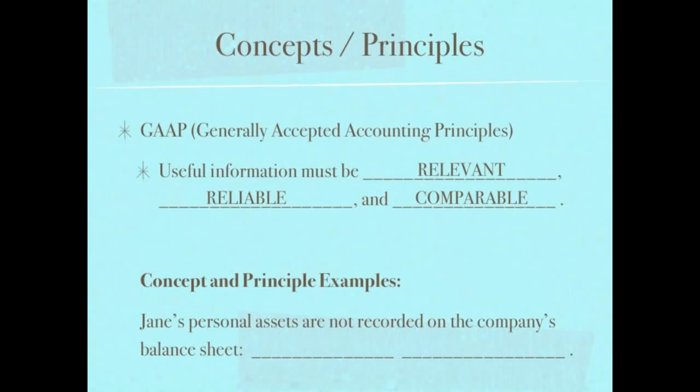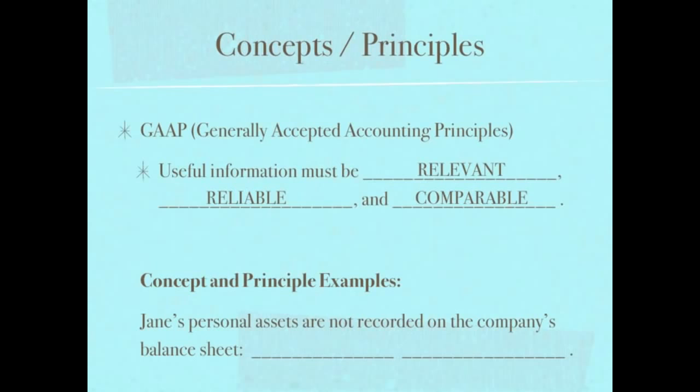That way, an investor can look at two companies that are keeping their financial records and say, okay, I know they're following a certain set of rules, therefore these companies are comparable. I can compare them. Without a set of rules, then there's nothing to compare a company with. It's apples and oranges as opposed to apples and apples.